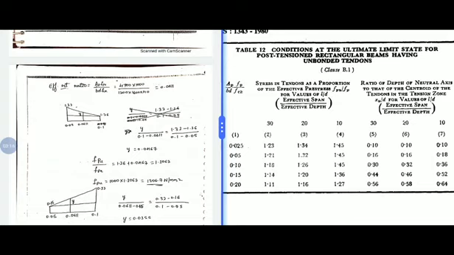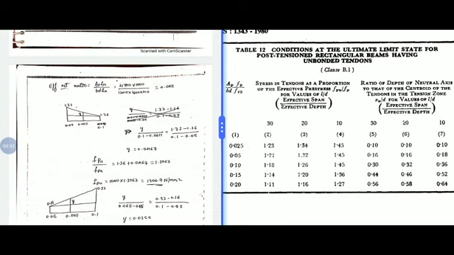So first we need to find out FPU by FP. Since L/D ratio is 20, refer column number 3. So for 0.05 it is 1.32 and for 0.1 it is 1.26. Now interpolate for 0.0611. We will get FPU by FP value as 1.3067.